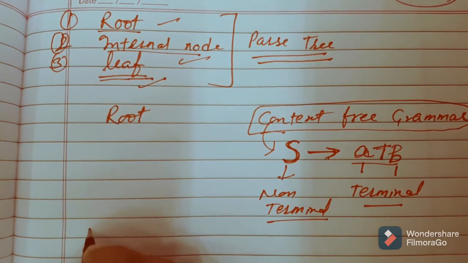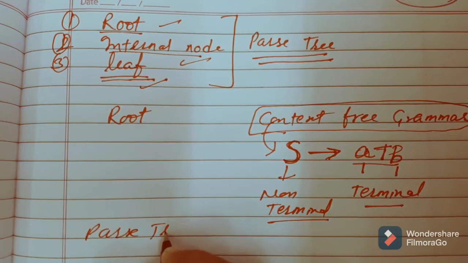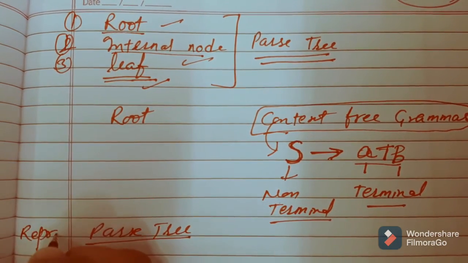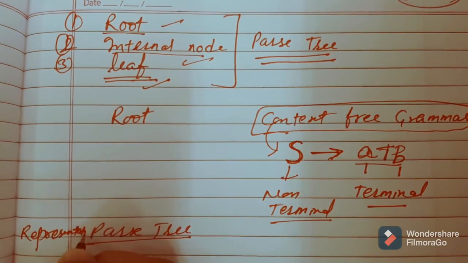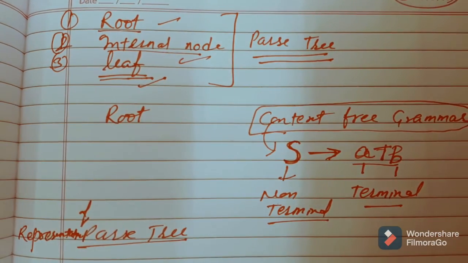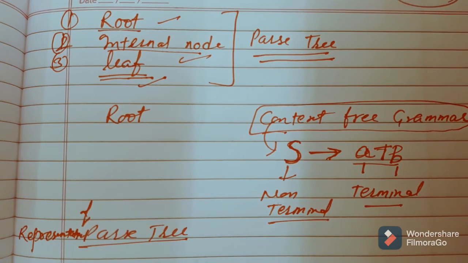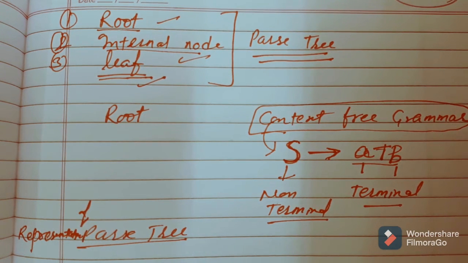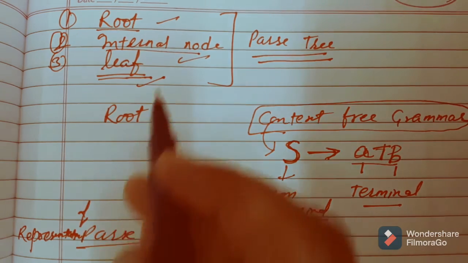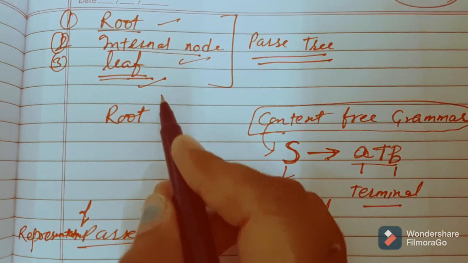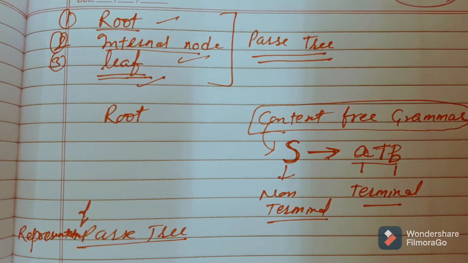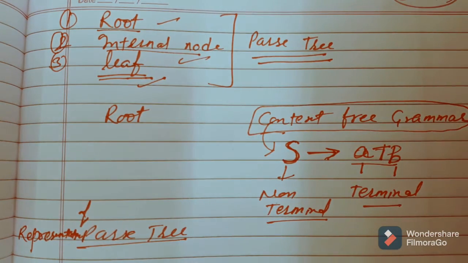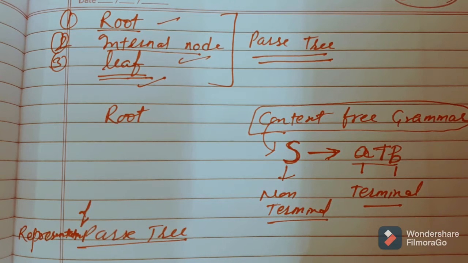Now, how do we represent the parse tree? In a parse tree there are three things: one is root, second is internal node, and third is leaf. Now with the help of these three, we will draw the parse tree.